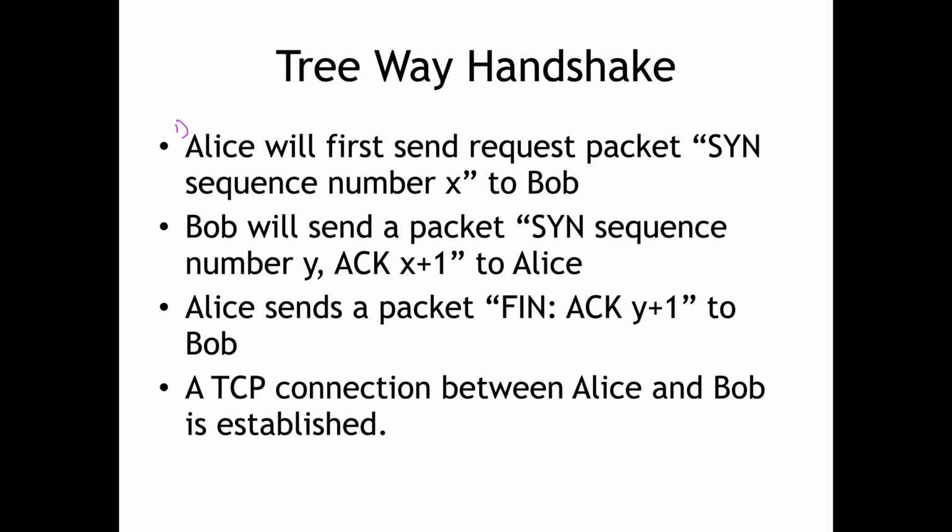It will have a sequence number. SYN, by the way, stands for synchronize. So this will have a sequence number X, whatever that happens to be. That first packet to Bob will be assigned this sequence number.